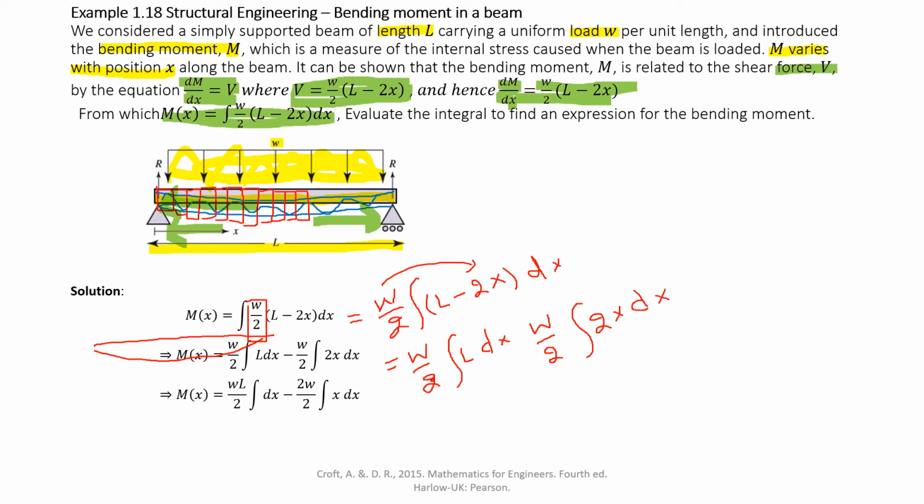But again, the game is not over. Still we have some integral constants. So see, this L is constant and this 2 is constant. So they will go outside and we will get this expression.